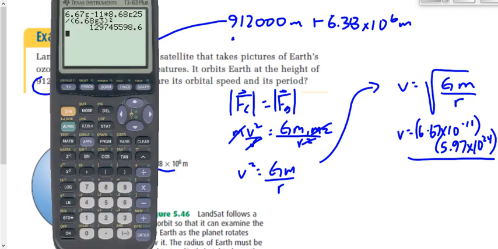That gives us an R value of 912,000 plus 6.38 times 10 to the 6, which gives us 7,292,000.